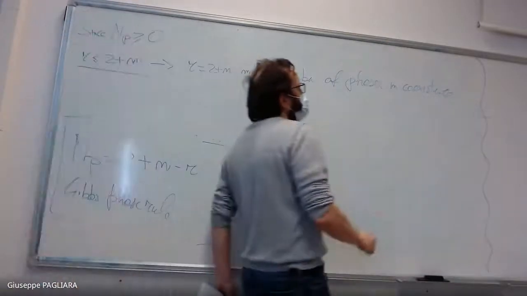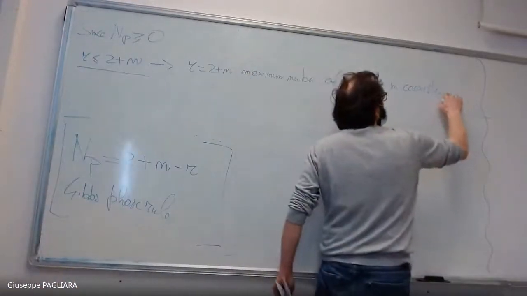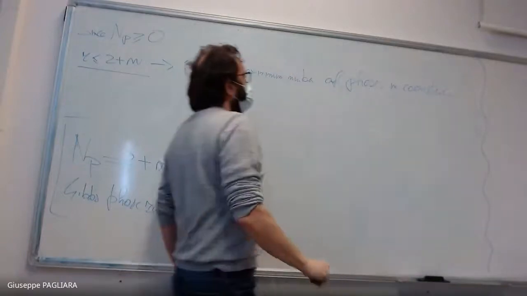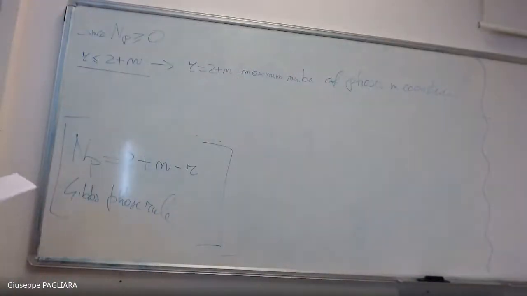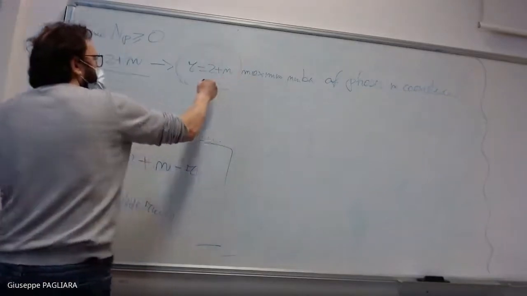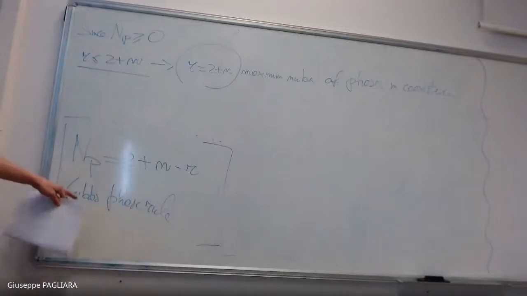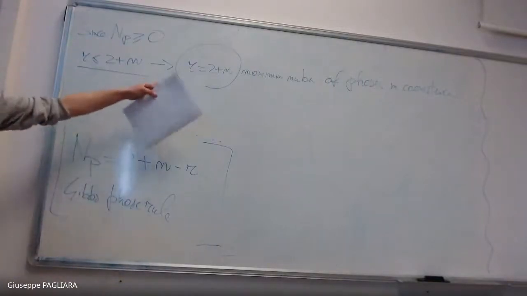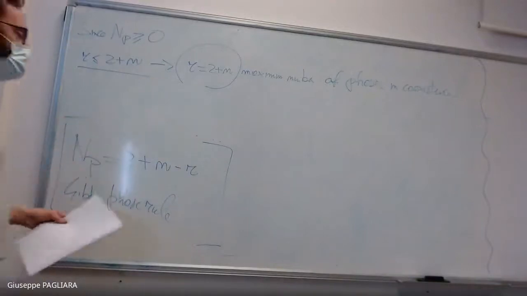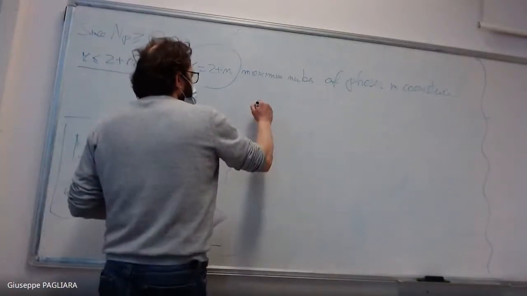So these are the two interesting things: the number of independent variables and the total number of phases which can be in coexistence.